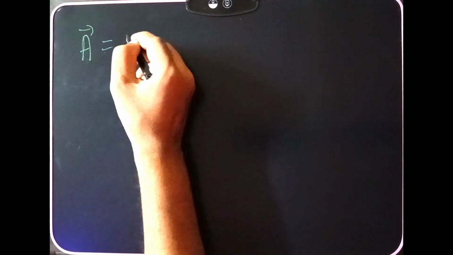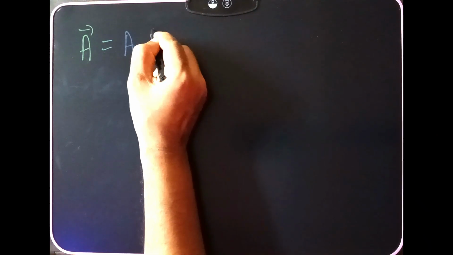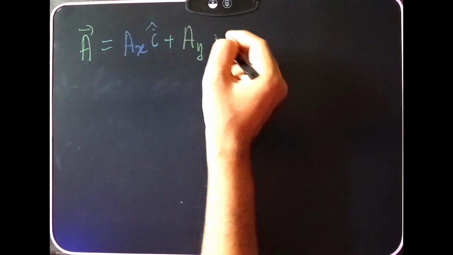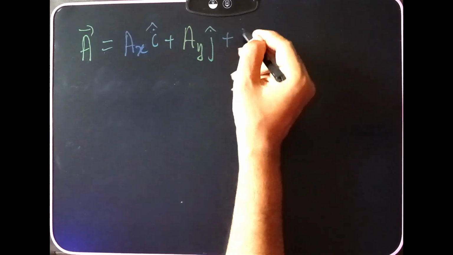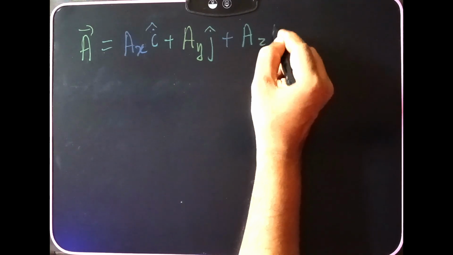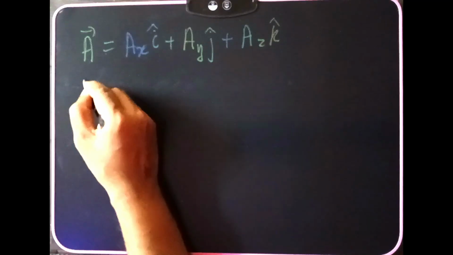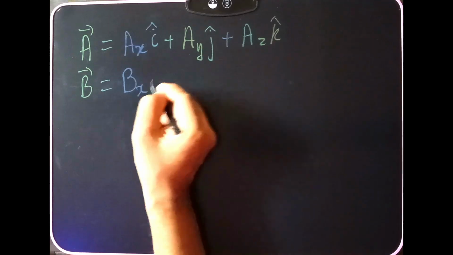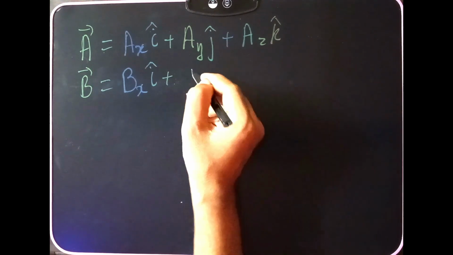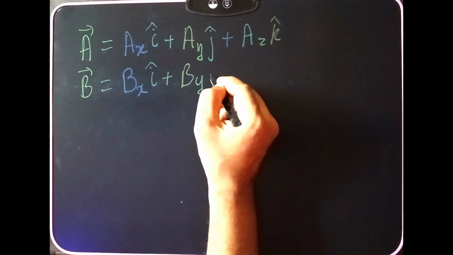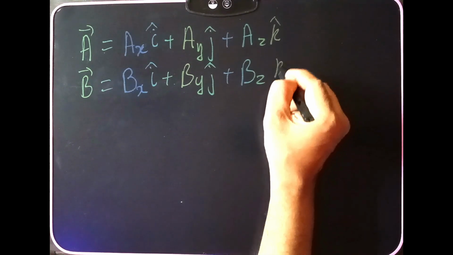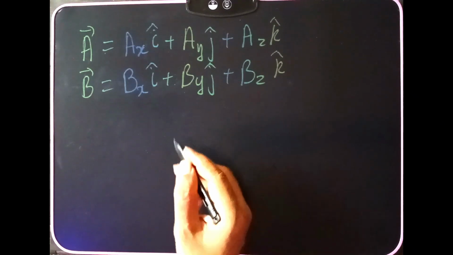A is given as Ax i cap plus Ay j cap plus Az k cap, and B vector will be given as Bx i cap plus By j cap plus Bz k cap. So we can write this as A cross B.